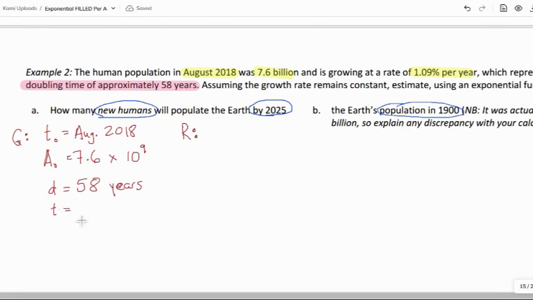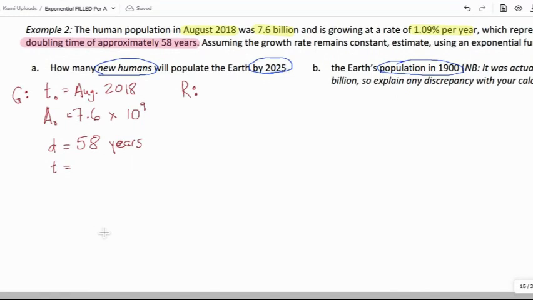Let's figure out what is the time elapsed. So I'm going to ignore the fact that they said August, because in 2025, I don't know which month we're talking about, right? But I need to figure out how much time has elapsed, how much time has passed. How do I do that?